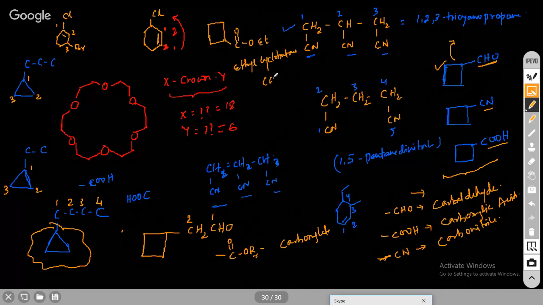Cyclobutane carboxylate. Understood? These are a few specific rules which are important from the exam point of view. Others you already know as basic things. The few specific rules I have revised already.